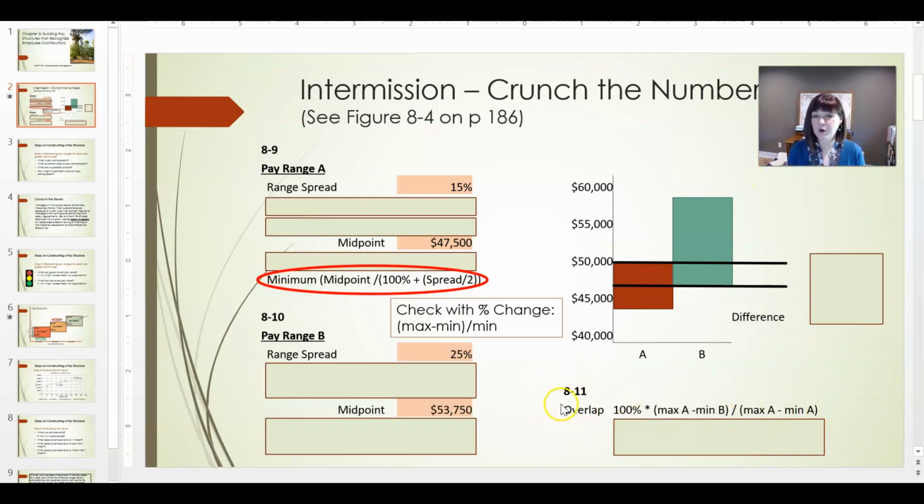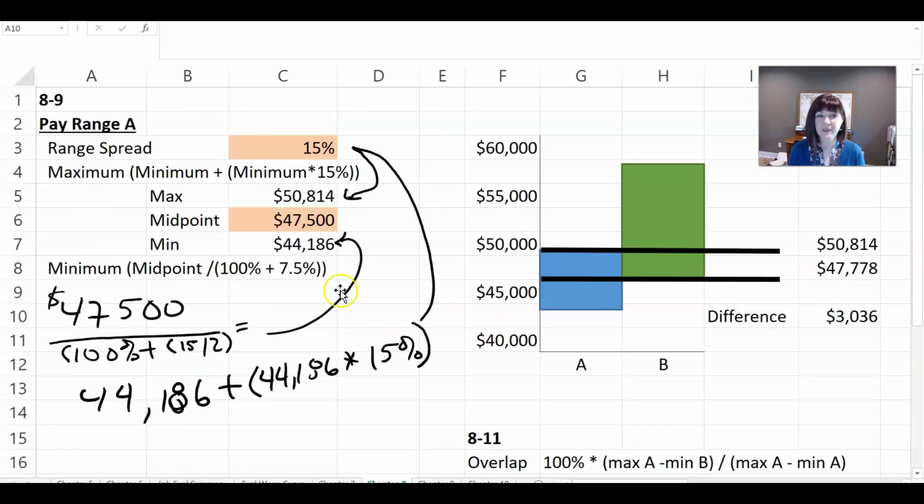The third part of the problem, which you probably can't see because I'm in the way, is asking for the overlap. Let's look at it. If we draw it out just like we drew out our other pay structures, we have pay grade A, pay grade B, salaries here, pay ranges here. This pay range is what we just calculated, the 44,186 and the 50,814.